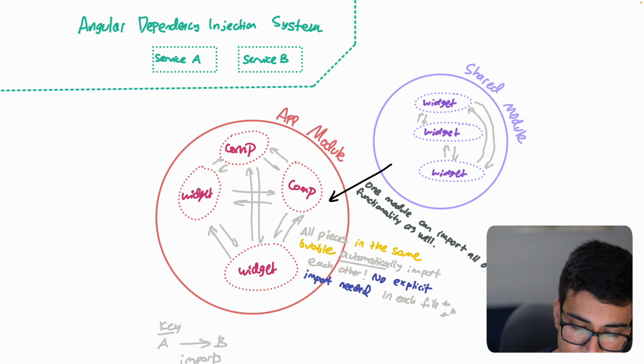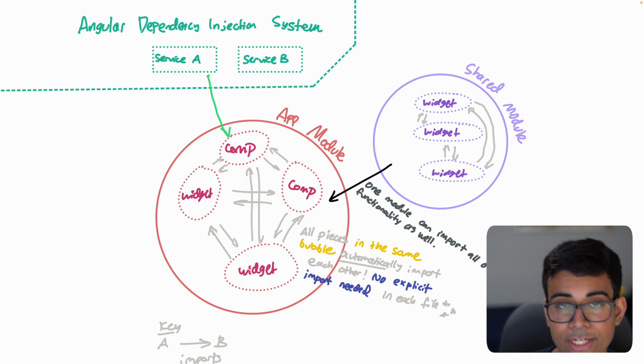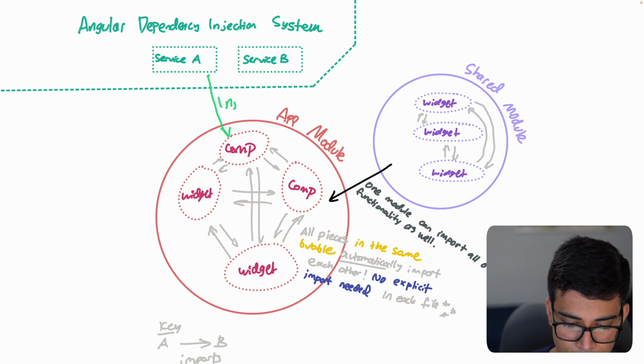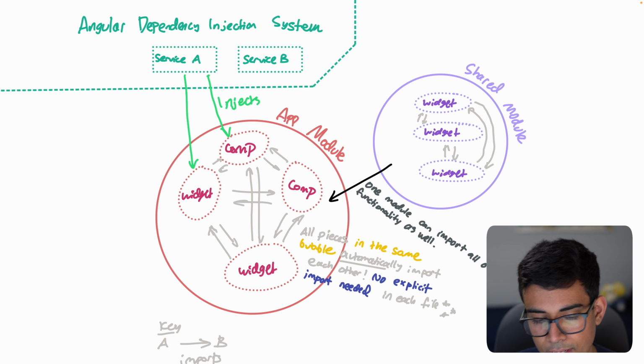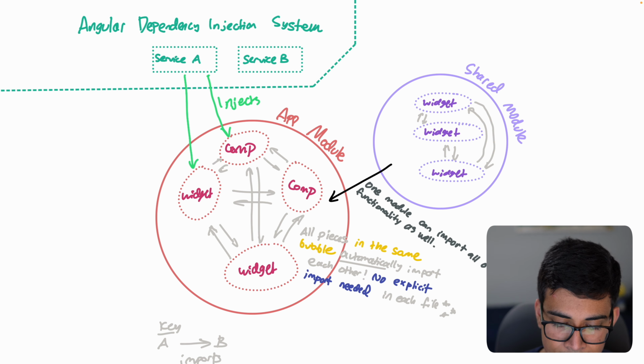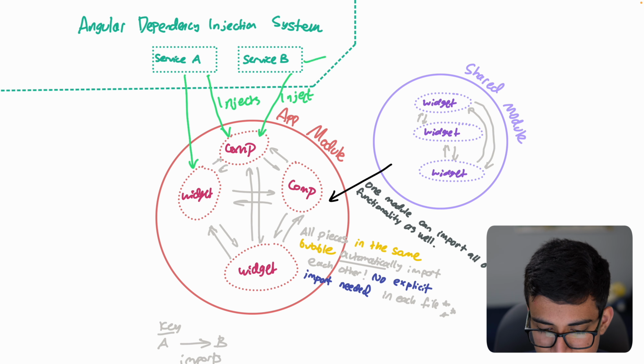So the dependency injection system will inject, for example, if this component uses service A, this would be an injection. In addition, this widget could use service A, and you can see that multiple items can inject a service, as we know. And for example, service B, this component might inject this service, but also something in a different module can inject the same service.